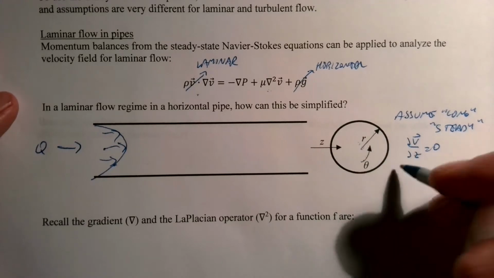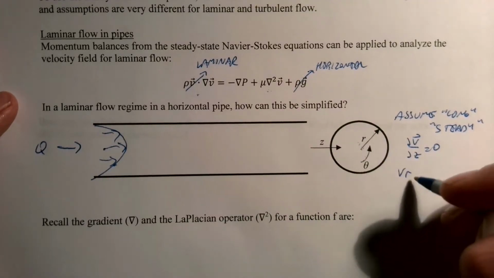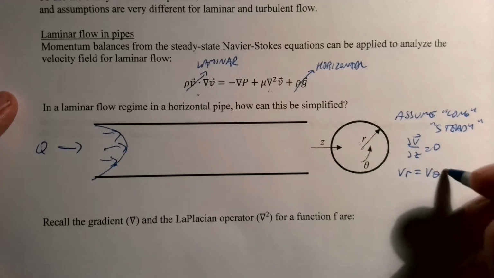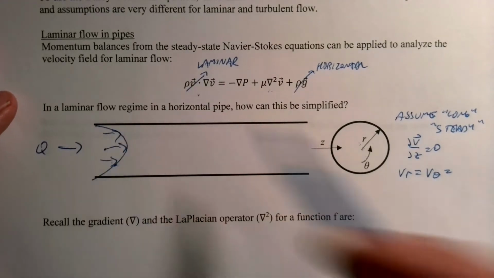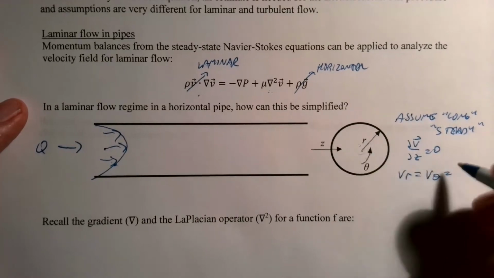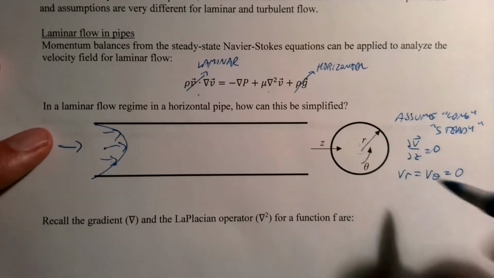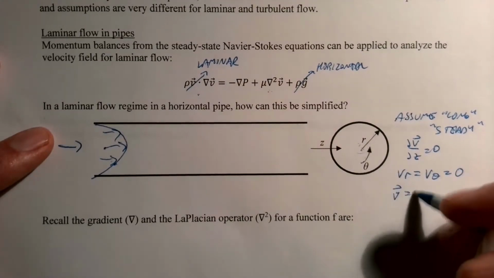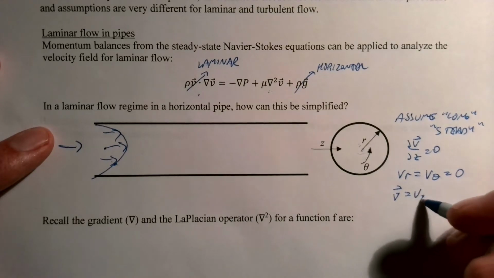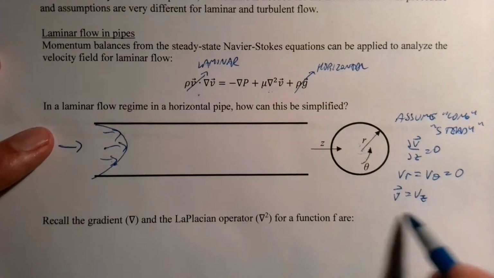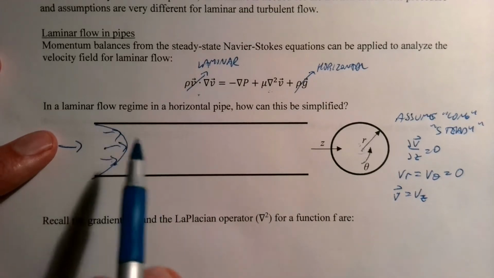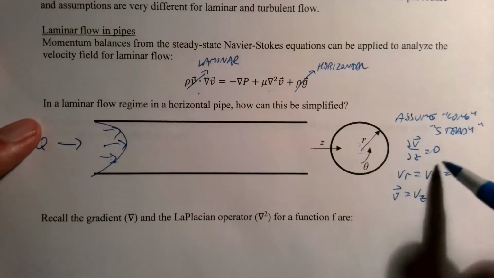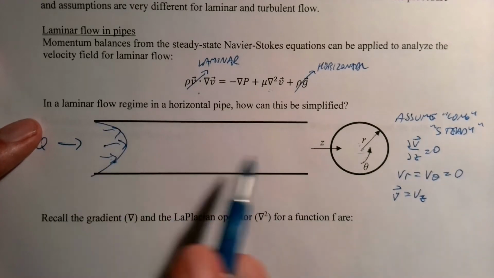So really that means that VR and V theta, velocity moving around the circle here, those are both 0. We can ignore those. So that means that V has just become V in the z direction. That's the only one left. That is the velocity this way, and it's really not changing as we go down the length of the pipe.